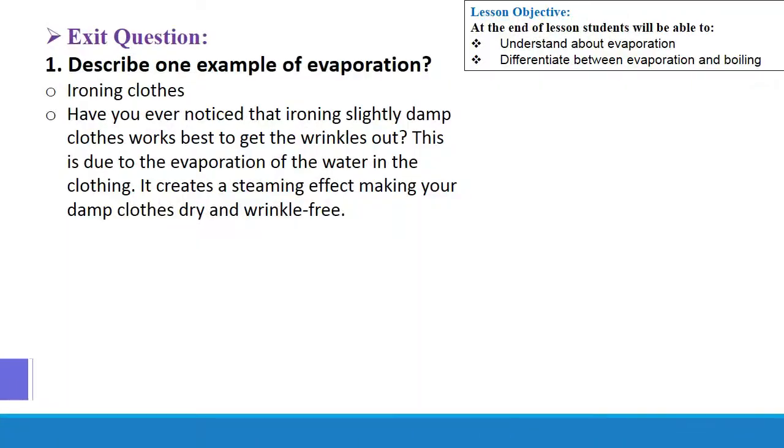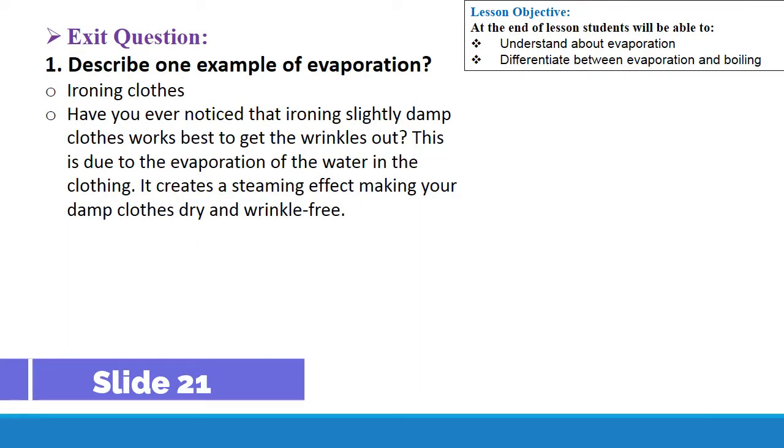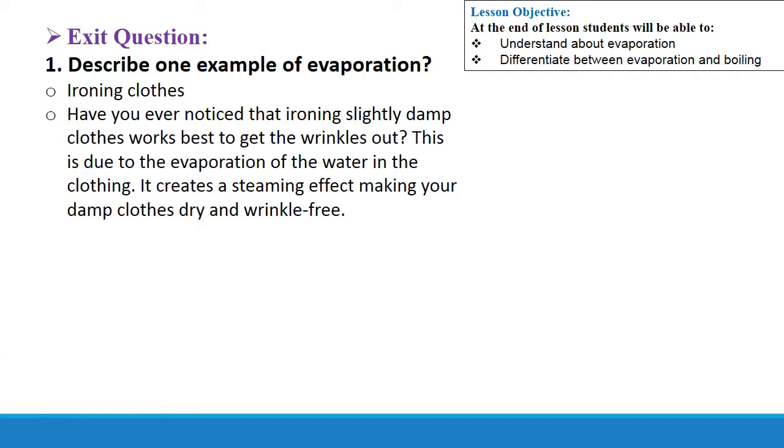And at the end, to save your time, here are some exact questions along with the answers. If you don't know, you can cross-check your answer with these. Describe one example of evaporation. You can describe so many examples of evaporation from this video.